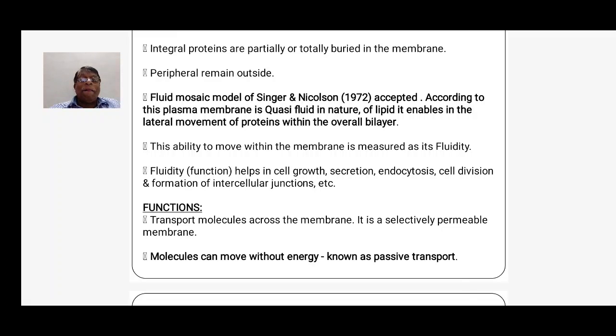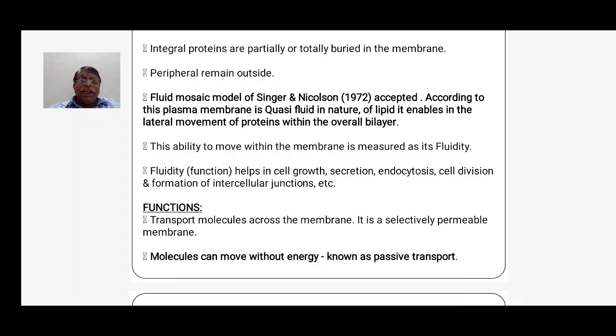In order to explain the structure of the plasma membrane, many models have been proposed by scientists.